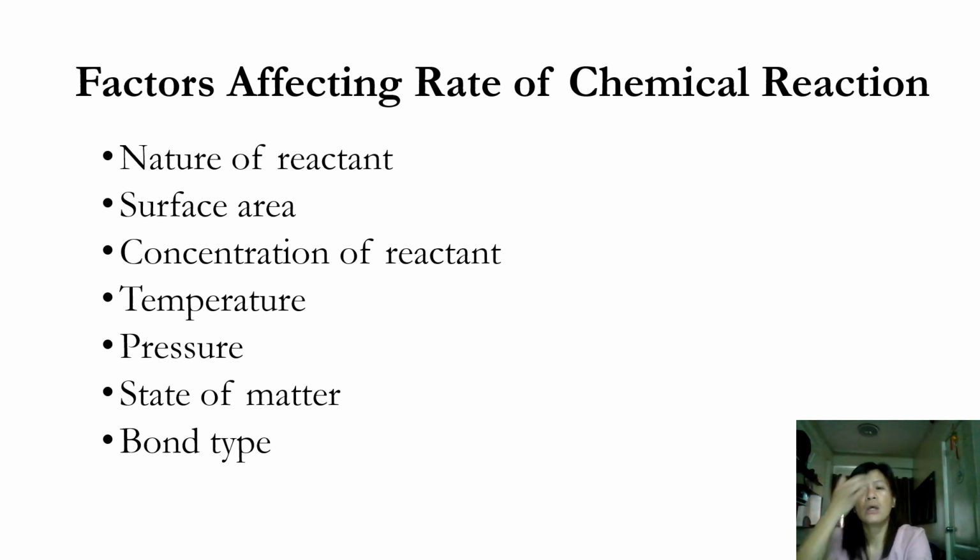The stronger the type of bond between particles, the more difficult it is to break the particles apart, and therefore there are fewer chances for collision because higher energy is required to bring about the chemical reaction. So bond type is another factor.